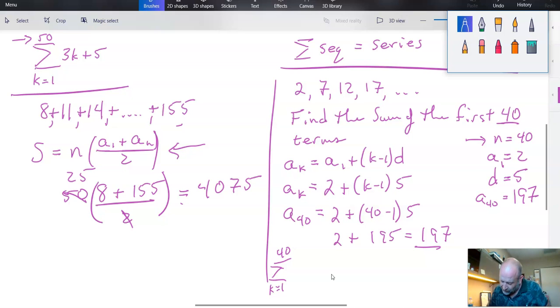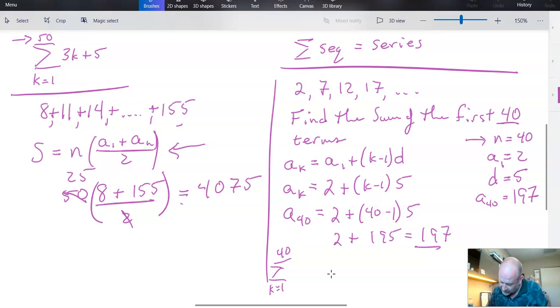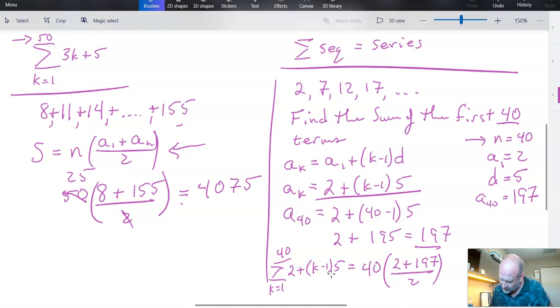So the sum from 1 to 40 of 2 plus (k minus 1) times 5 is going to be equal to 40, the number of terms, times the average of the first and last term. 2 plus 197 over 2. Again, I can do this and make that a 20. This ends up being 199.